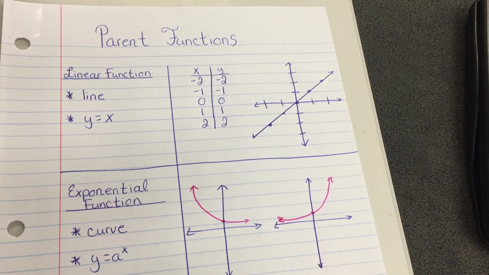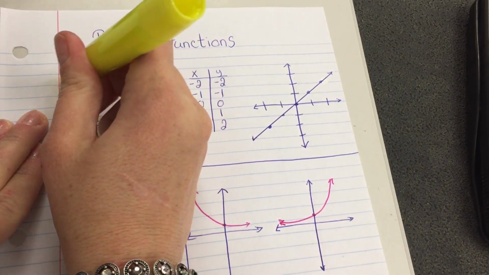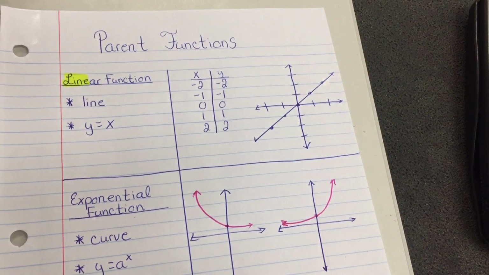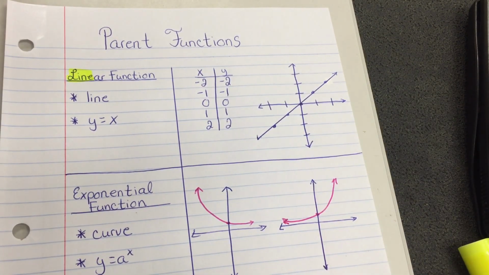How do you remember that? Because it has the word line in it. Linear, line, okay? The graph looks like a line.